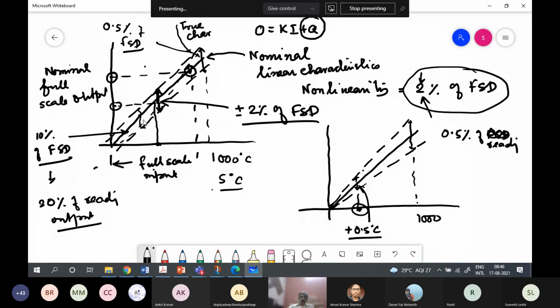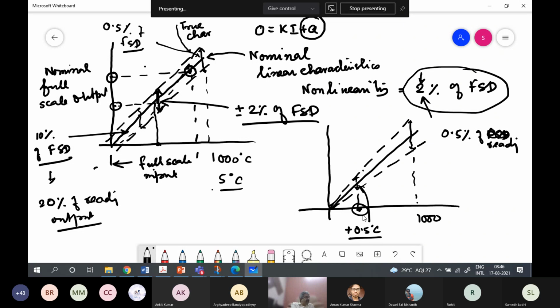So it may not be good, and I may not buy this instrument. But if I am able to say that it is 0.5% of reading, then the customer will see that at 100 degrees centigrade, this manufacturer is saying that the error is plus minus 0.5. So this instrument is better. But the question is, can I guarantee it?